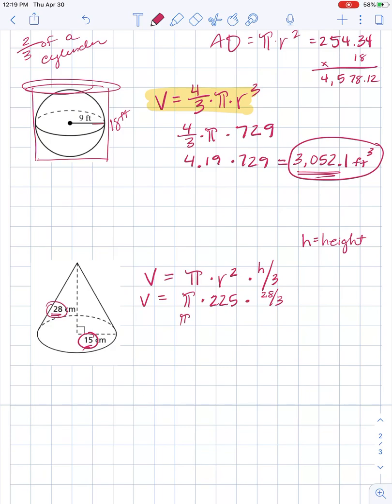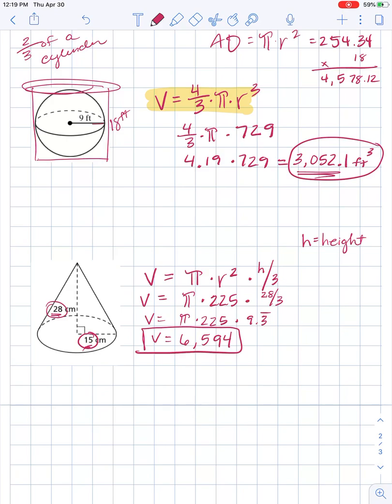So now we've got pi times 225 times 9.3 repeating. Pi, we've got 3.14 times 225 times 9.333333, and we get 6,594 as the volume of this cone.